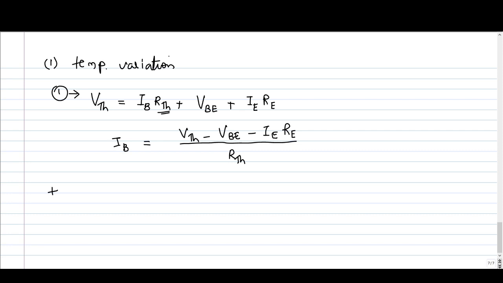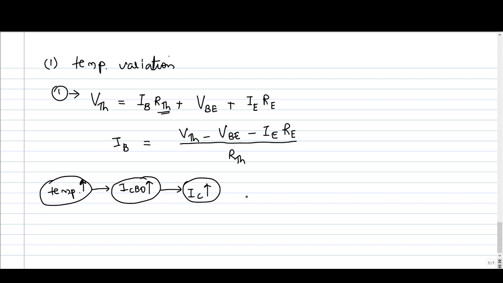So when temperature changes, what happens? Suppose temperature increases. So when temperature increases, ICBO will increase. So when ICBO increases, IC will increase. So when IC increases, IE will increase because IE is IC plus IB. So when IE increases, the IE RE drop will increase.